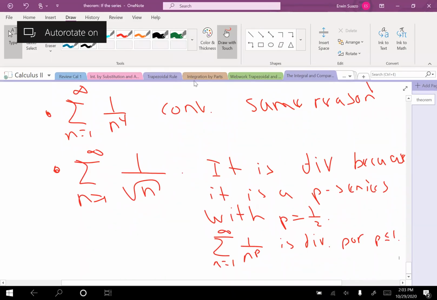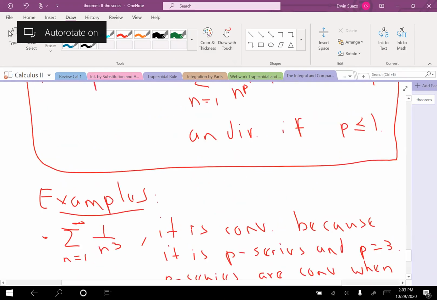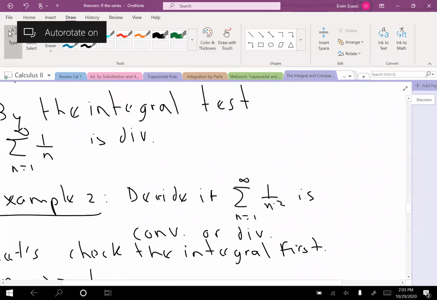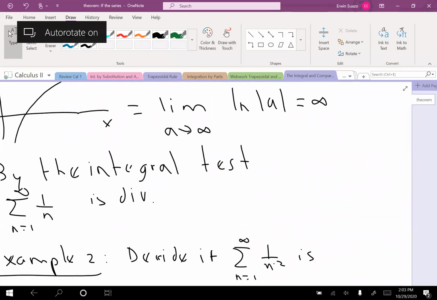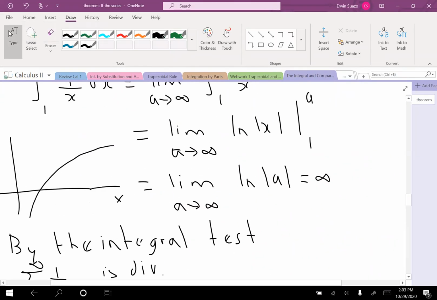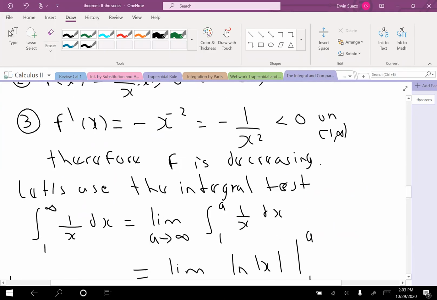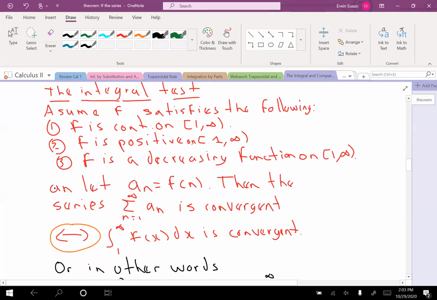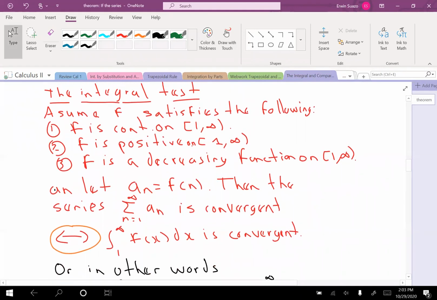So last time we talked about the integral test. Last time we were applying the integral test.